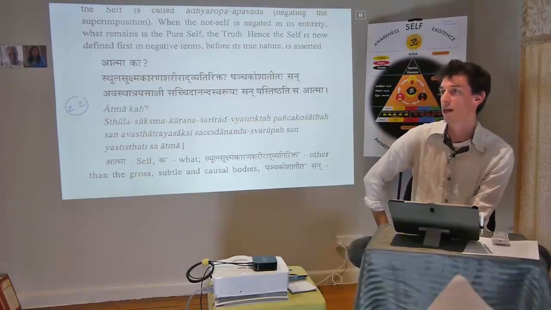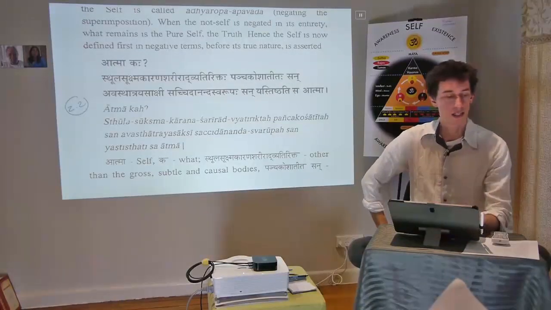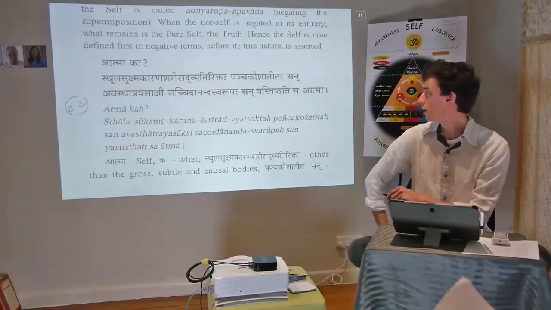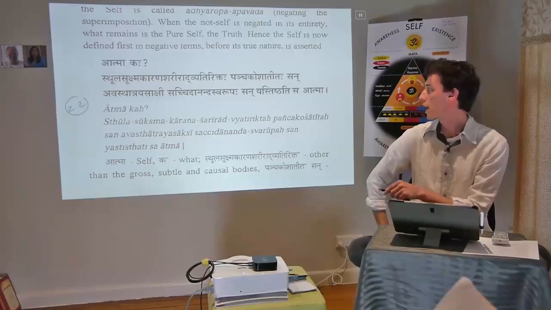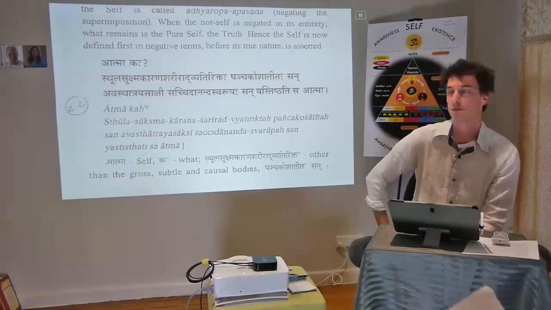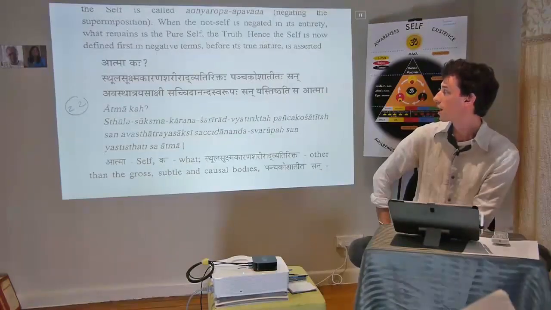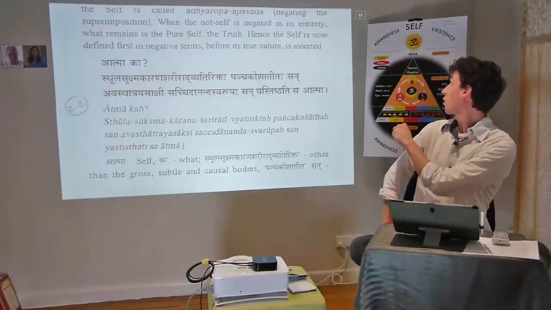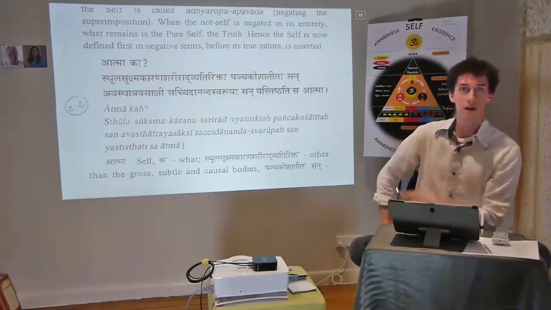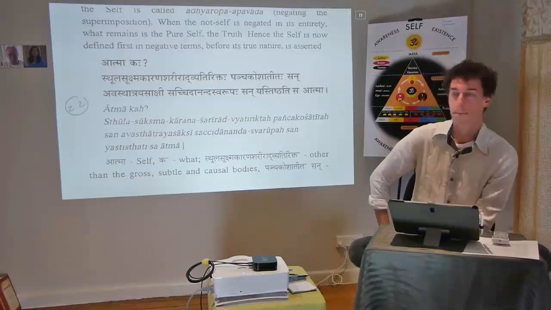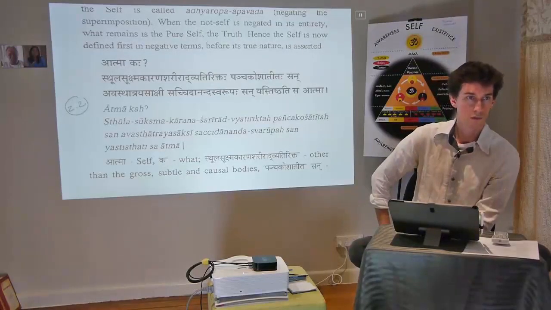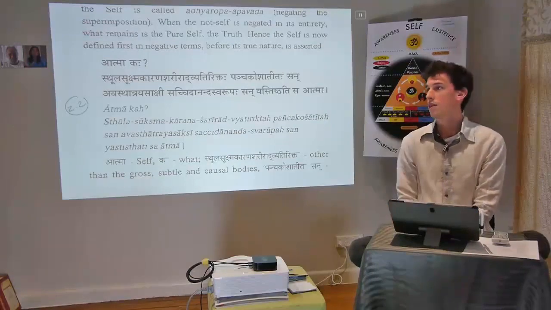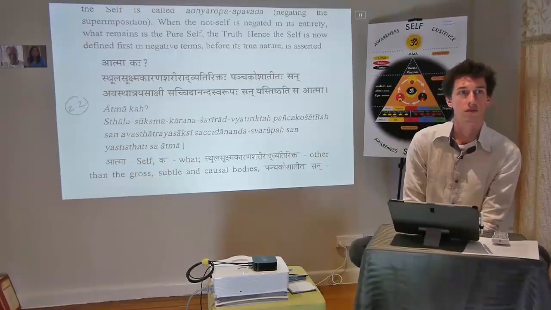Okay. Now, another way to look at the three bodies. So, okay, everyone say Sthula, Sukshma, Karana, Sharira, Vyatiriktaha. Sthula, Sukshma, Karana, Sharira, Vyatiriktaha. So, Atma is other than these three bodies: the causal, Karana, the Sukshma, and the Sthula. Just one thing, the last one you defined as a decaying body, which infers it's got to be a living body or something.